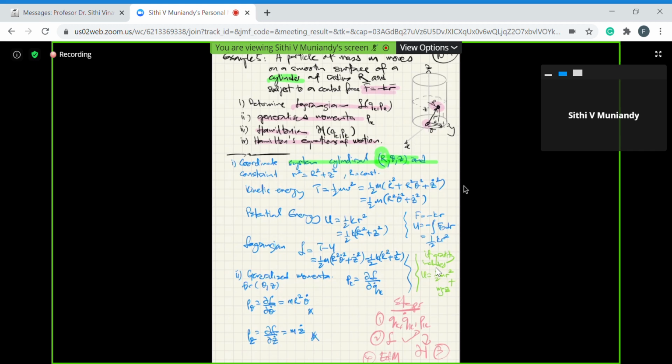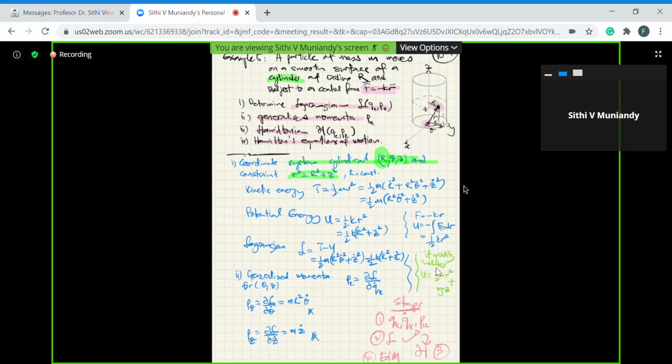And we also look at the constraint, because R is fixed, therefore z and r are now connected. This small r is actually a third coordinate which is not part of the cylindrical coordinate. The small r is not part of the cylindrical coordinate. The capital R is part of the cylindrical coordinate.